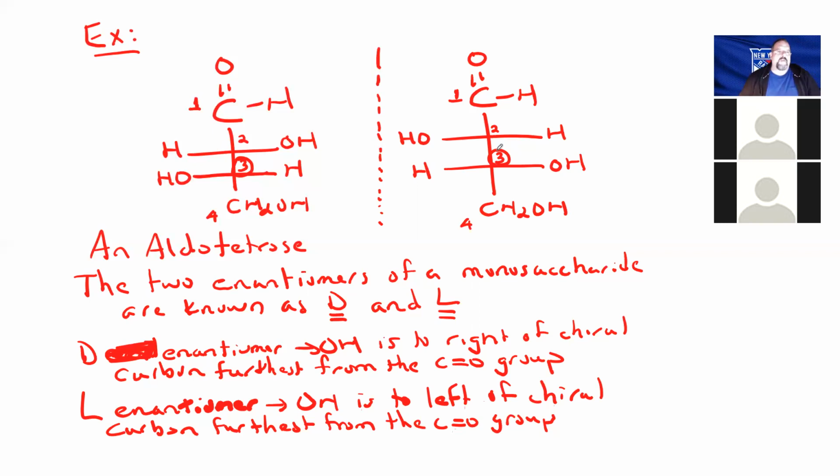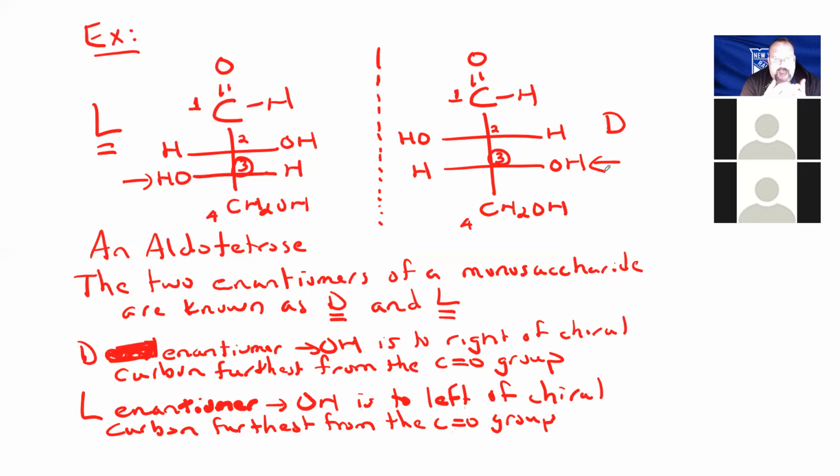So on the left here, what version do we have of this aldotetrose? We have an L version because the OH is to the left of that chiral carbon. And on the right, we have the D version because the OH is to the right of that chiral carbon.